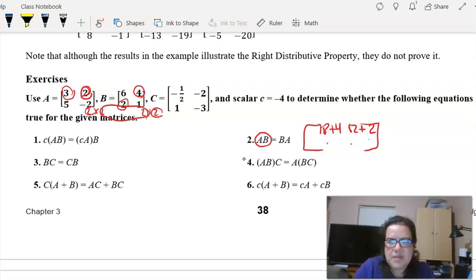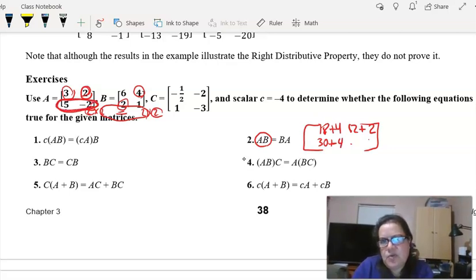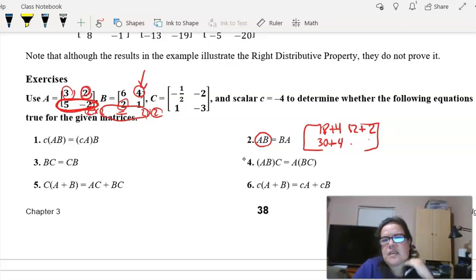Now you do it again, but this time you jump down to the next row. So it's going to be 5 times 6, which is 30, plus negative 2 times 2, which is negative 4. So it's actually going to be plus a negative 4. And then I do it again, that same row, but now with the second column.